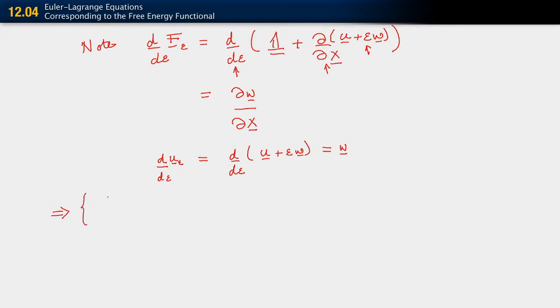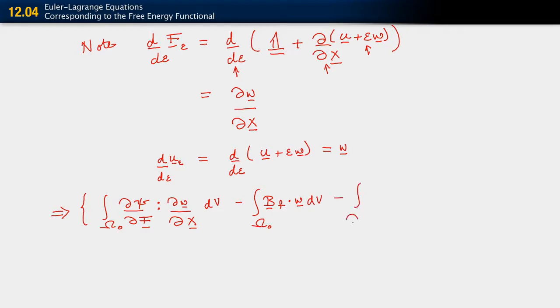From the first integral, we get the integral over omega naught of the derivative of psi with respect to f contracted with the derivative of the variation with respect to capital X dV, minus the integral over omega naught of bf, the body force, dotted with w dV, minus the integral over the traction boundary of the traction dotted with w dA. Now all of this is evaluated at epsilon equals 0.